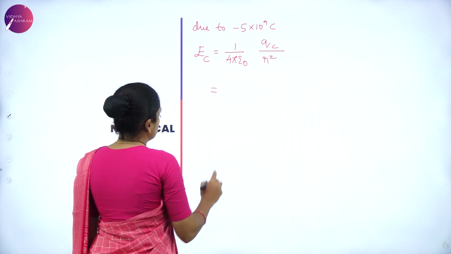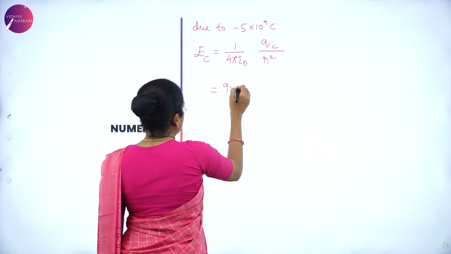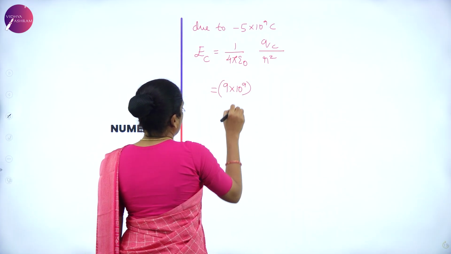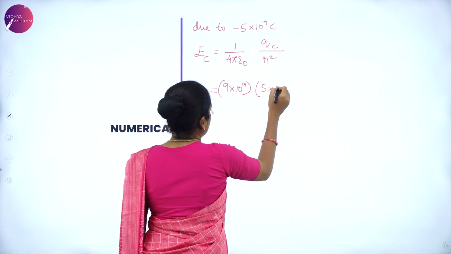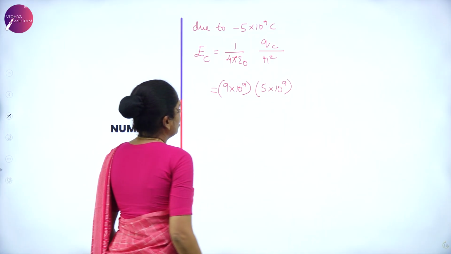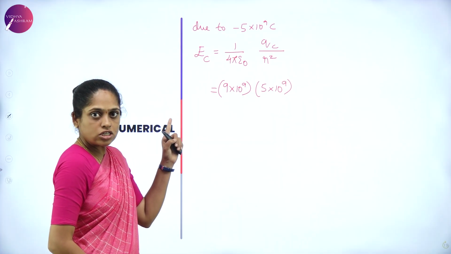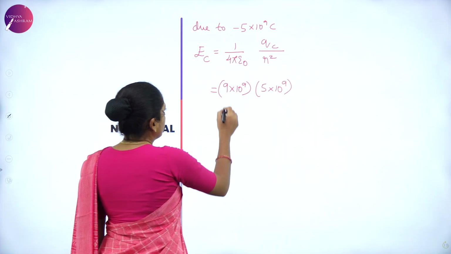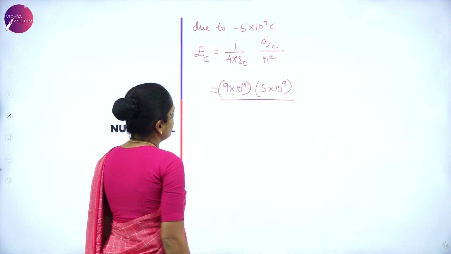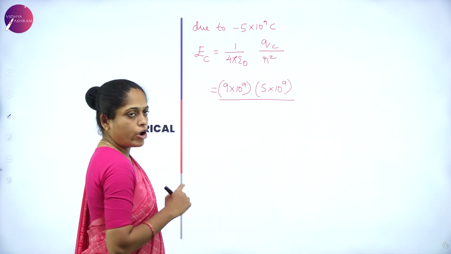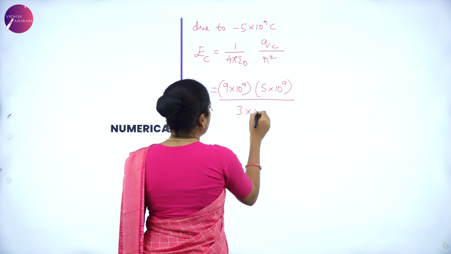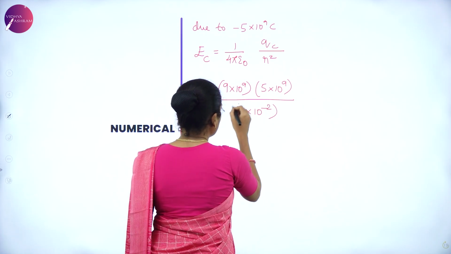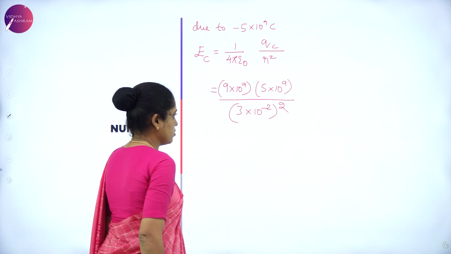1 by 4 pi epsilon naught is a constant whose value is 9 into 10 power 9, and the Q value at C is 5 into 10 power minus 9. You have to consider the charge magnitude divided by the distance between the charge and the point where we are finding the electric field, which is 3 into 10 power minus 2, squared.